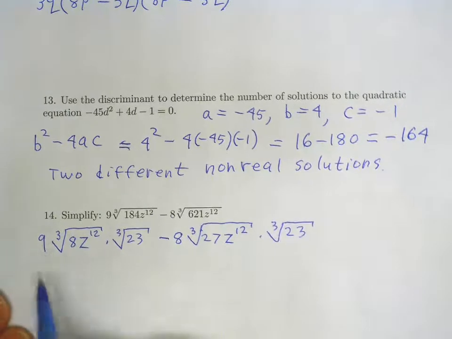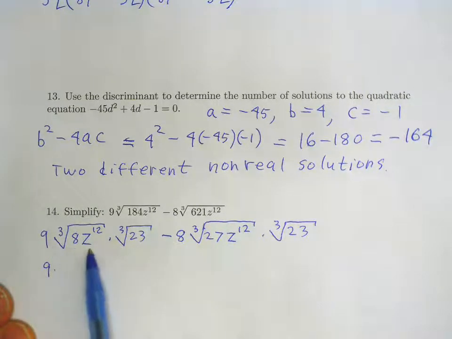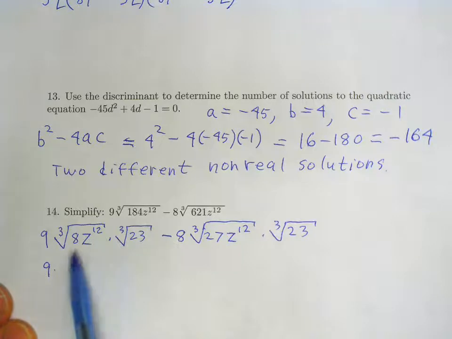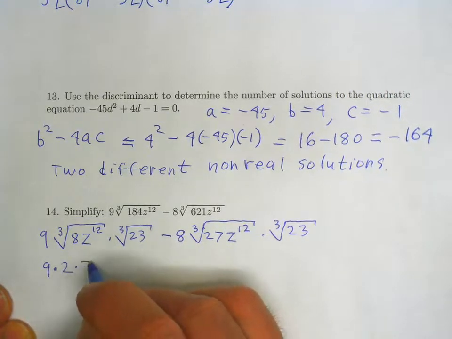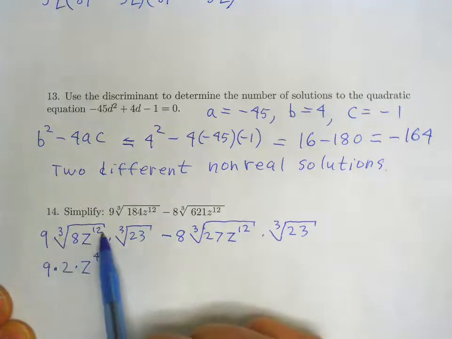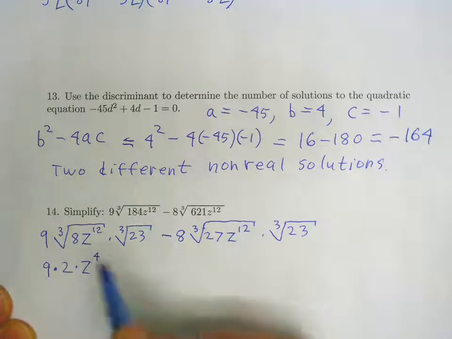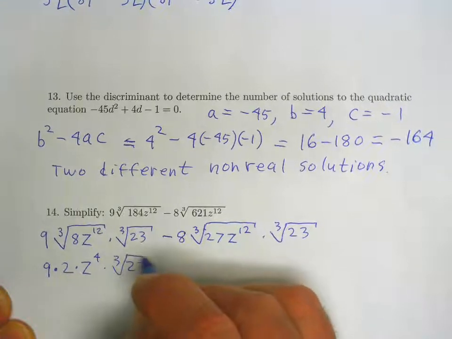Then in the next step, we have 9 times the cube root of 8z to the 12th. The cube root of 8 is 2, so it's 9 times 2 times z to the 4th. The cube root of z to the 12th is z to the 4th. Remember, divide the exponent 12 by the index 3, and then we multiply that by the cube root of 23.